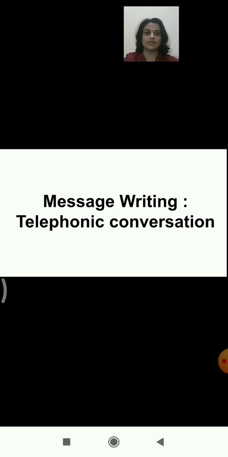Now, how to write this telephonic conversation? How to use this telephonic conversation for writing the message? That we are going to see. Before we write a message, telephonic conversation is used here, right? So now let's see what important points we have to keep in mind while writing the message over the telephonic conversation.